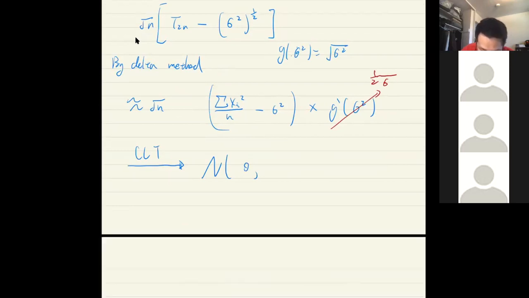So this converges to a normal distribution. The variance part is the square of the first derivative multiplied by the variance.